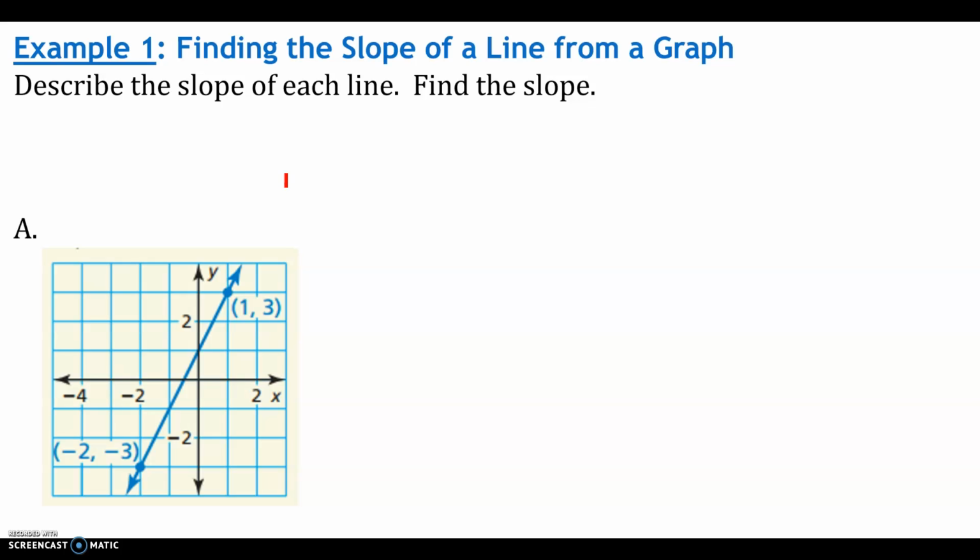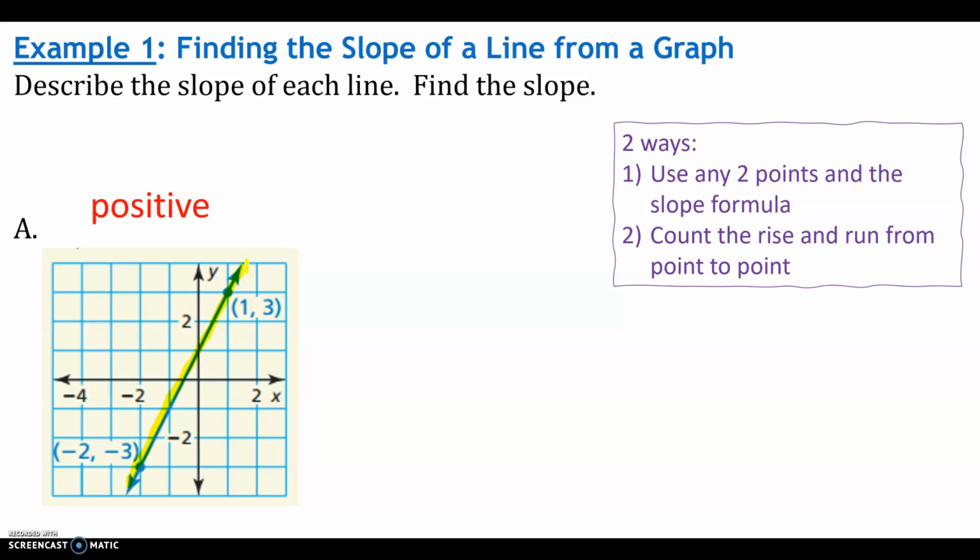All right, so let's find slope. The first thing you need to do is figure out if it's positive, negative, slope of 0, or undefined. This slope is going up from left to right, so it is going to be positive. This thing over here just tells you the 2 different ways.